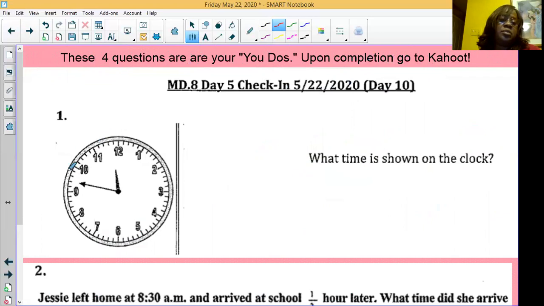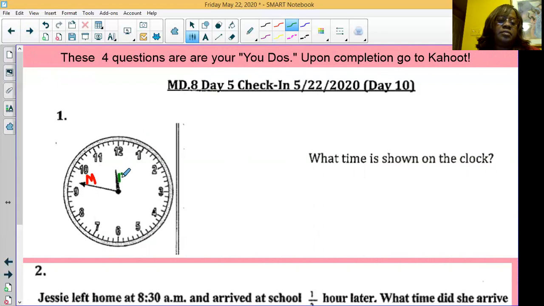So you have to remember that the long hand is your minute hand. And remember that the short hand is your hour.